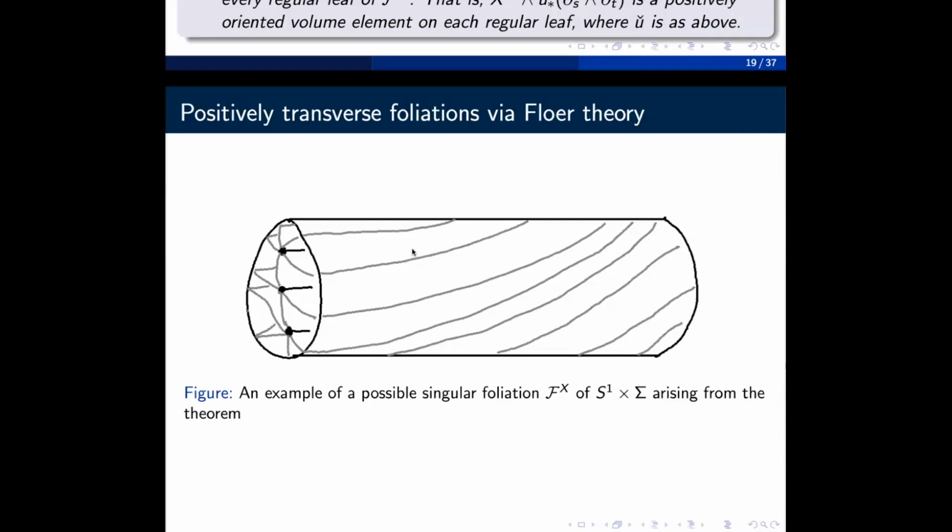So yes, this is morally true, but I don't have a way to see this actually as arising as one of these 3-2-3 foliations. But S1 cross S2, you can think of the S2 like something. Yeah, maybe that's it. I haven't thought about trying to realize it in such a way.